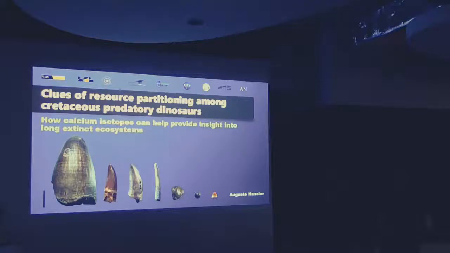So I think it's great to see that sometimes you're passionate about something as a kid and you actually make a PhD out of it. So Auguste is going to talk about isotopes, but applied to dinosaurs. Yay! Floor is yours.